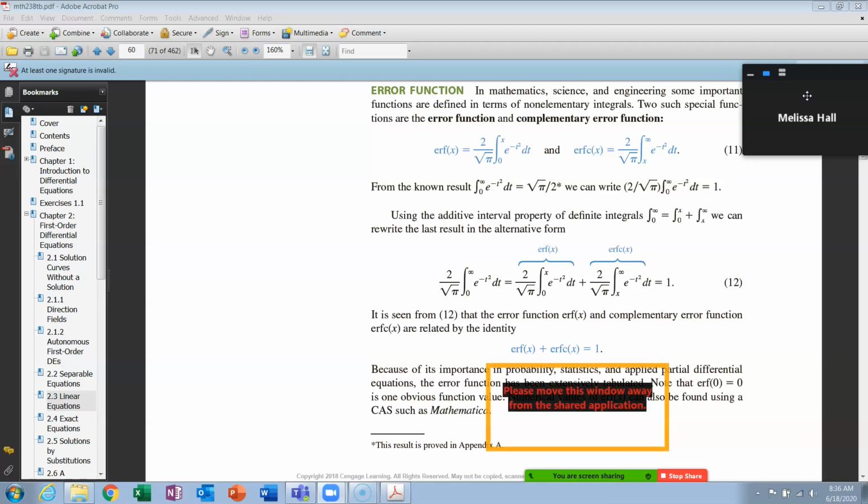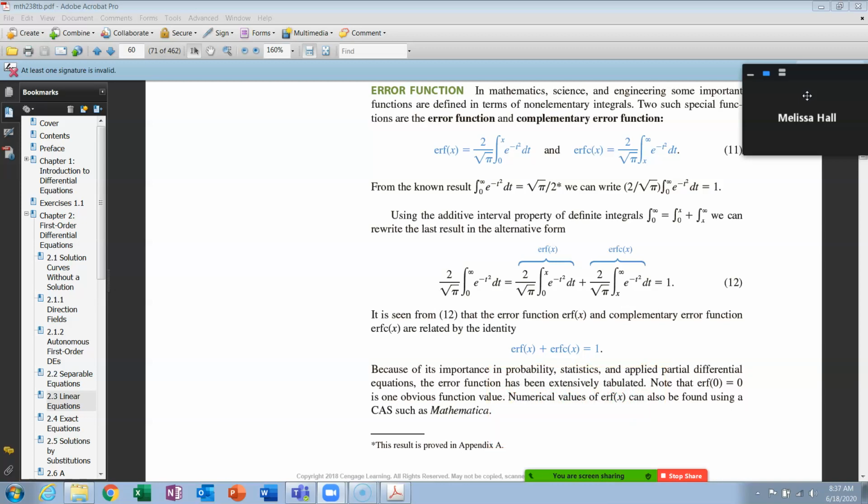Any questions, issues, concerns? No, sir. Okay, great. Well, where we're due to start today was on Chapter 2, First Order Differential Equations, Section 2.3, Linear Equations.